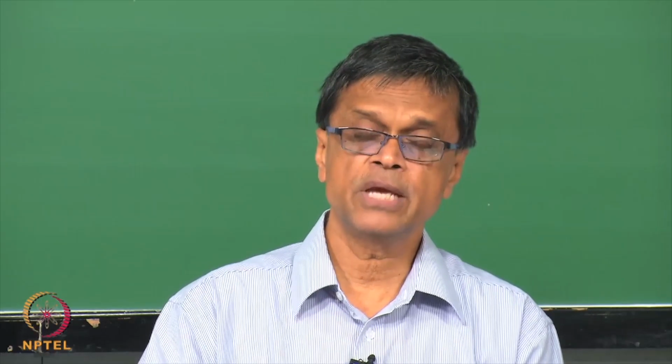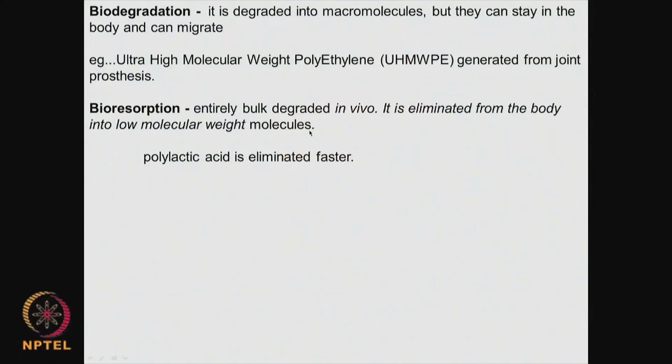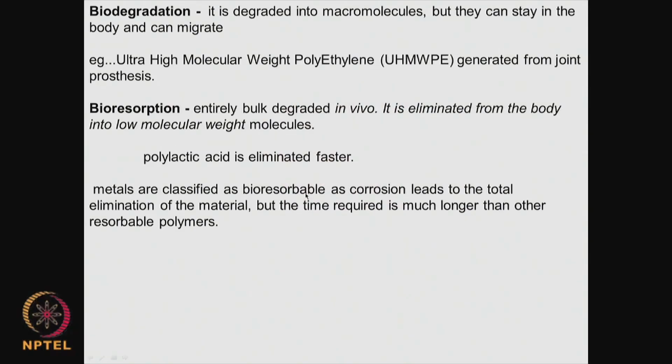For example, polylactic acid is an FDA approved polymer and is used in quite a lot of implants, especially in drug delivery and so on. It gets completely bioresorbed and there is nothing left inside, it goes into even lactic acid and that gets eliminated. That is called bioresorption. So, sometimes metals are also classified as bioresorbable.